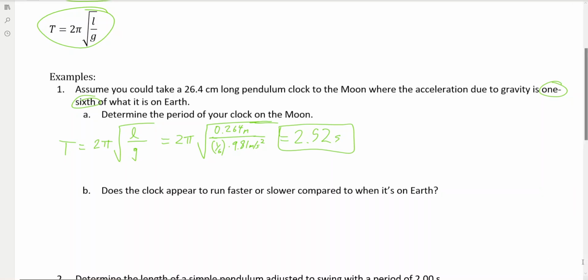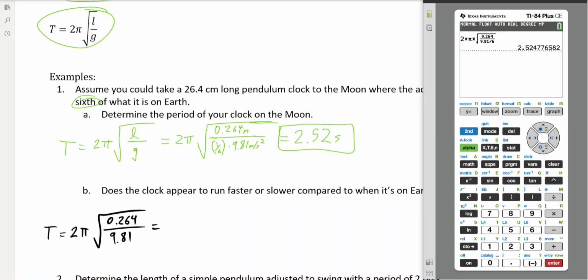It's actually that simple. So the question here for part B is: does the clock appear to run faster or slower compared to on Earth? Well, we just have to do the same thing, but for on Earth. So on Earth would mean that we're using the regular 9.81. There's no divide by 6. So let's try that again, but get rid of the divide by 6.